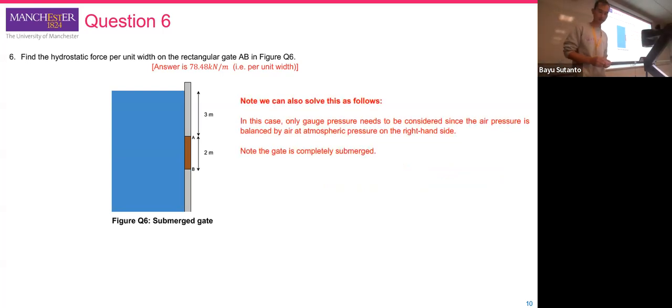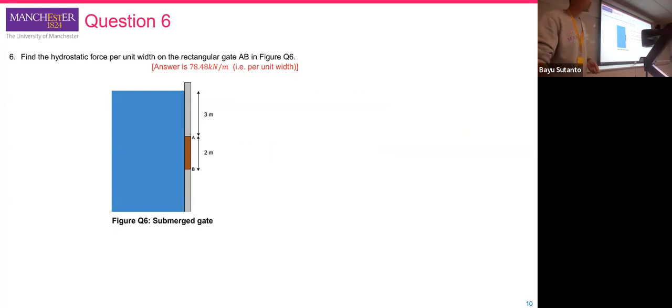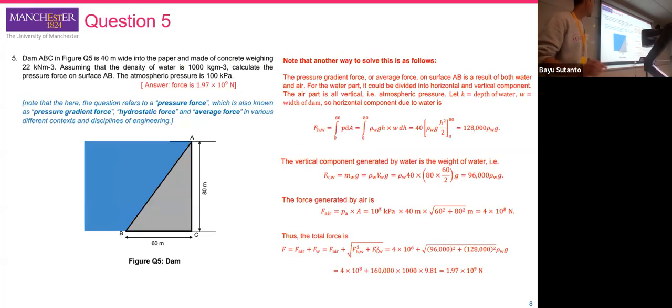The same thing as the other methods, where we only calculate the gauge pressures. Why do we not calculate the air pressure in this case? Because in the previous one, we calculated surface AB, in case 4.